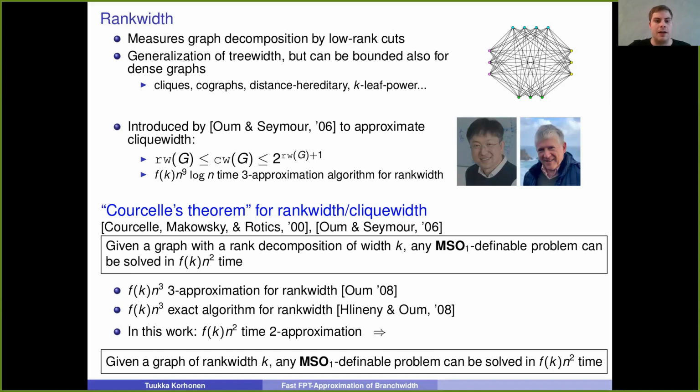So using our approximation algorithm, given a graph of rank width k, any MSO1 definable problem can be solved in time f of k times n squared. And you can see, because the inputs can be dense graphs, this is optimal as a function of n, but maybe it could be improved if you introduce a function of the number of edges.